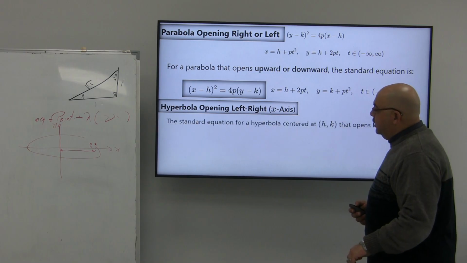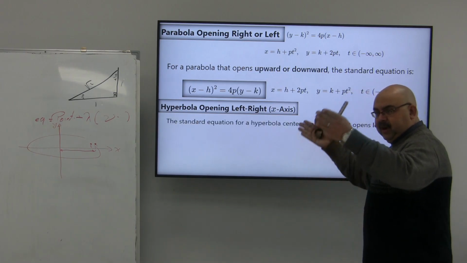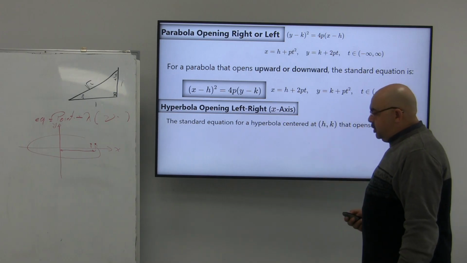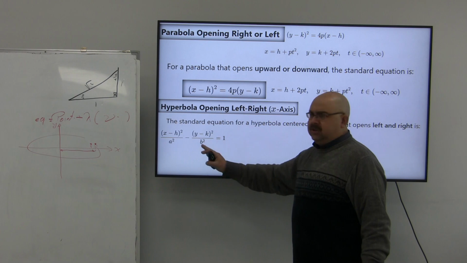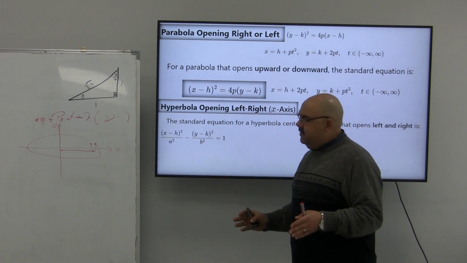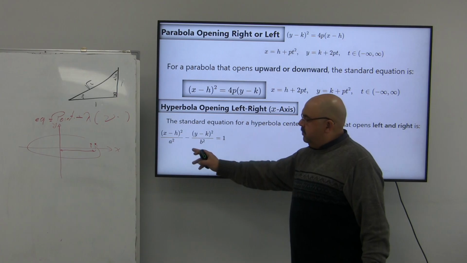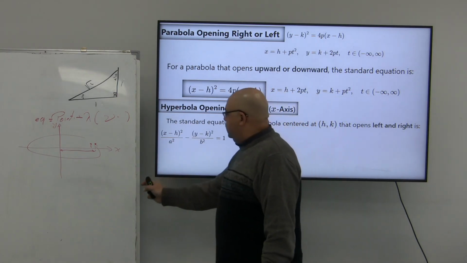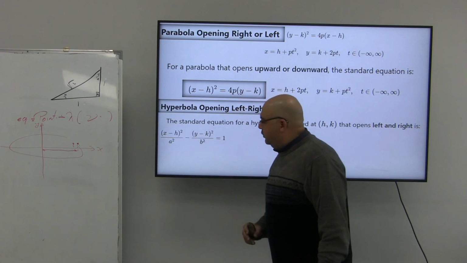For a hyperbola opening left and right along the x-axis, so a normal shape of a hyperbola without the negative sign, the equation is going to be exactly the same. In order to simplify life, I'll just choose the general case of a hyperbola, which is x minus h to the power of 2 over a squared minus y minus k to the power of 2 over b squared.